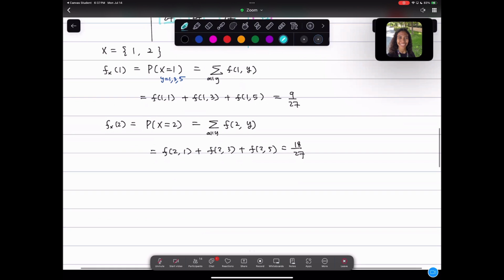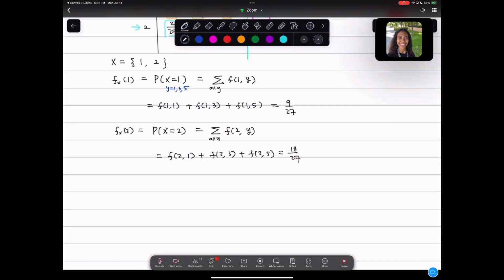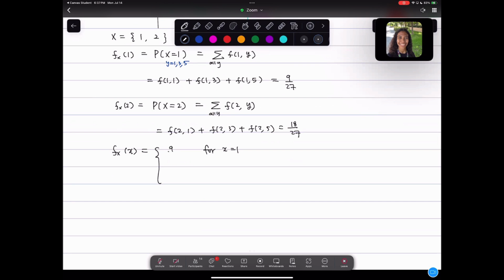So we typically write them as, well, here's my f of x. When x equals 1, it's 9 over 27. I can simplify, which is 1/3.